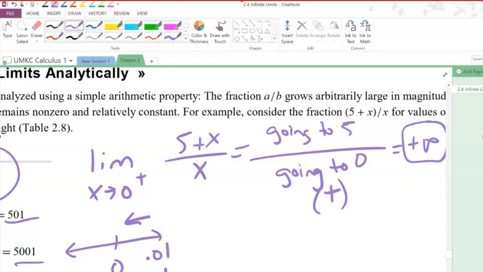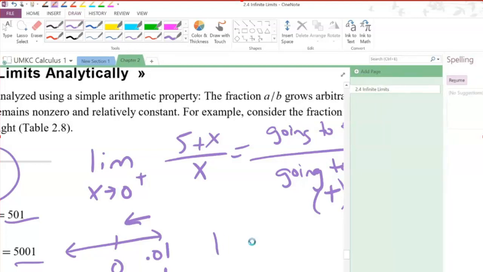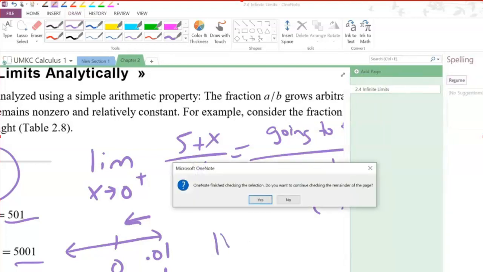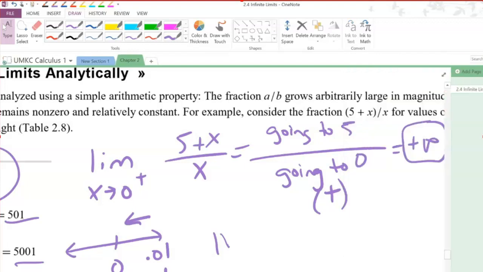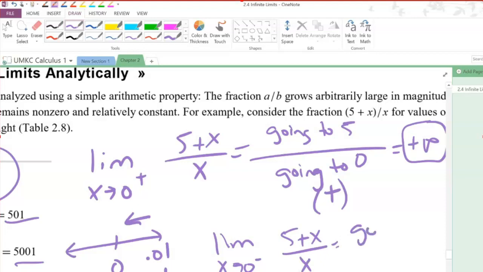But if I look at the limit, hit a wrong button there. If I look at the limit as x goes to 0 from the left of 5 plus x over x, I still have going to 5, so it's positive up there, and it's going to 5.